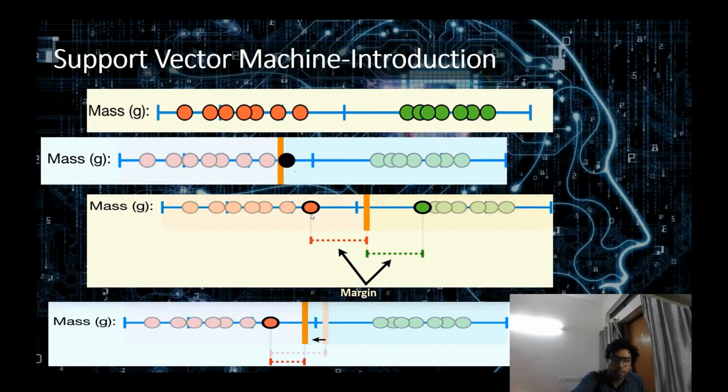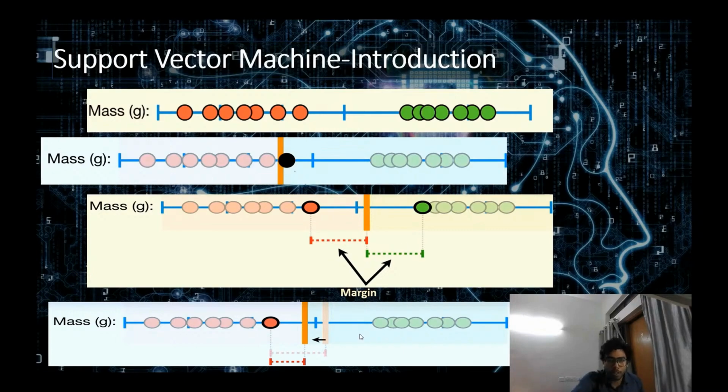Okay, so there is one terminology before moving on. Whatever the line is, the distance of the closest red point from this line is this distance, and the distance of the closest green point from this line is this distance. So these are called margins. This is just a terminology, right?